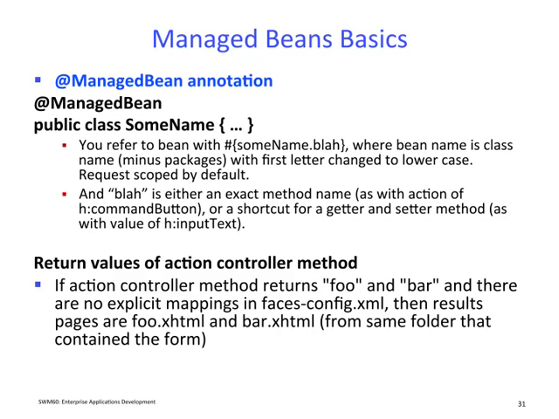If the return values could be foo or bar, then the pages that will be navigated to will be either foo.xhtml or bar.xhtml. So these pages will have to be in the same folder where the form is that we created.